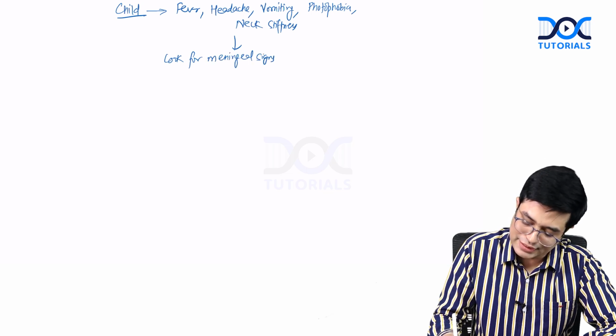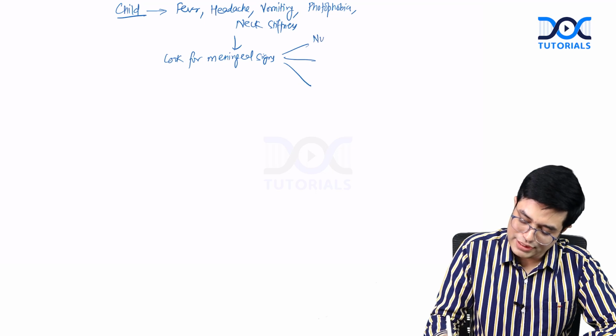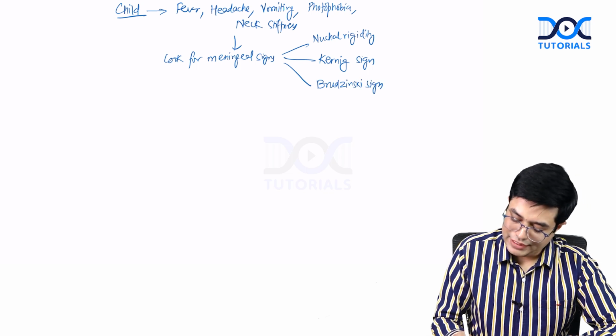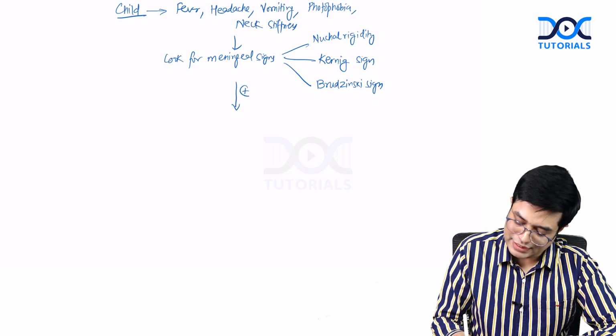What are the meningeal signs? There can be nuchal rigidity, also called as neck rigidity. There can be Kernig sign and there can be Brudzinski sign, right? If any of them is present, you should suspect meningitis in the patient.